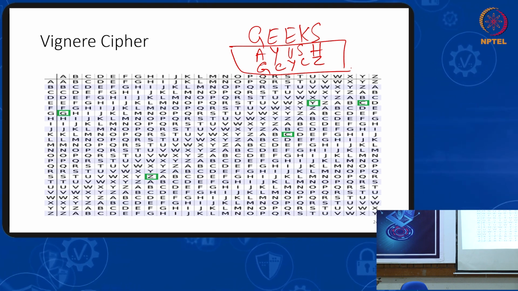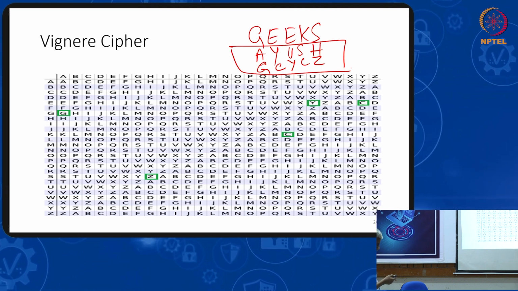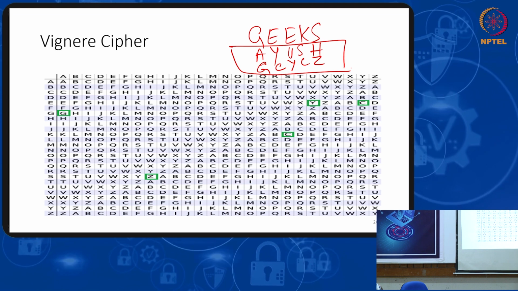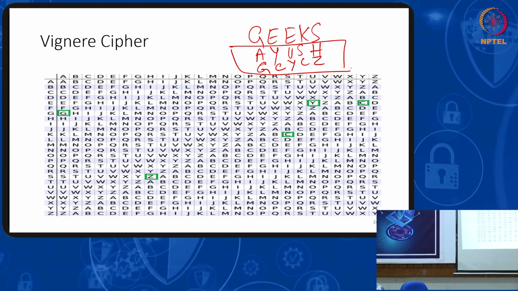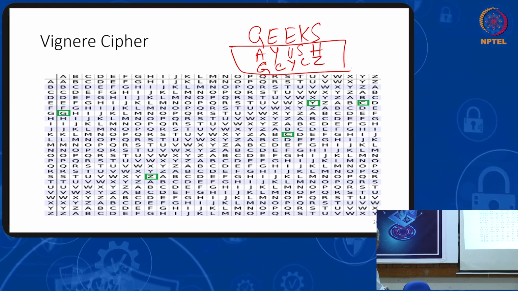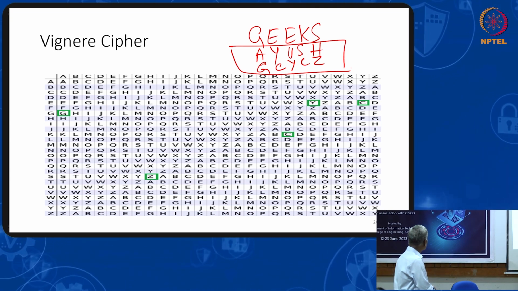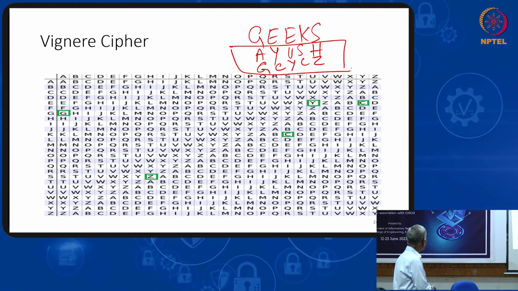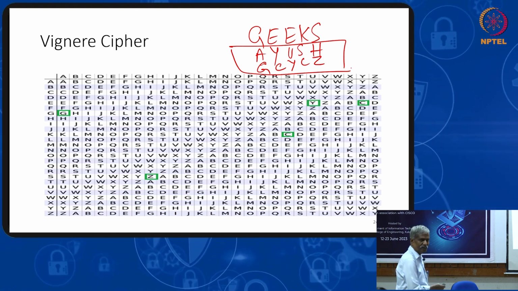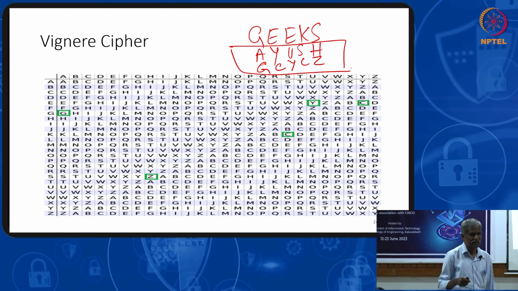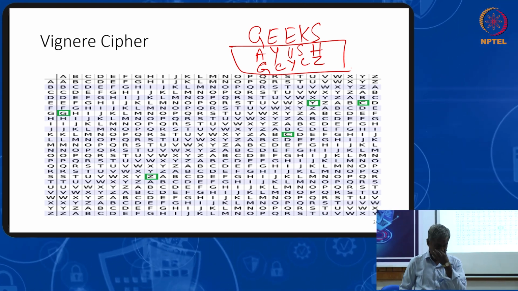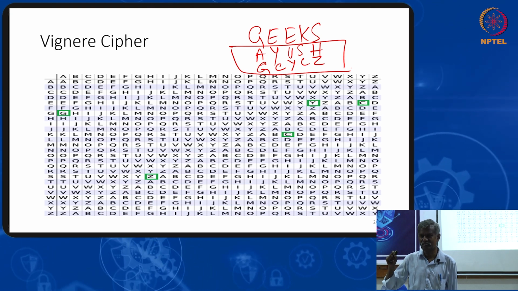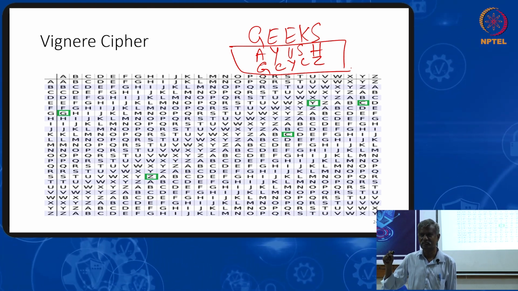Similarly, take the Y row, you have to search for Y, where it is available. Y is available in which column? E. So the next letter is also E. That way. Anybody else? Anybody did not understand?